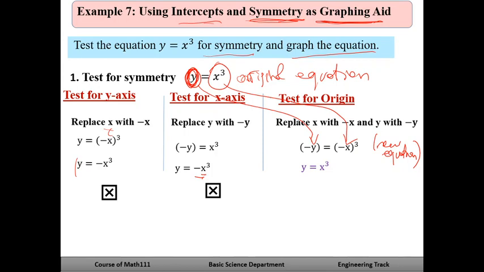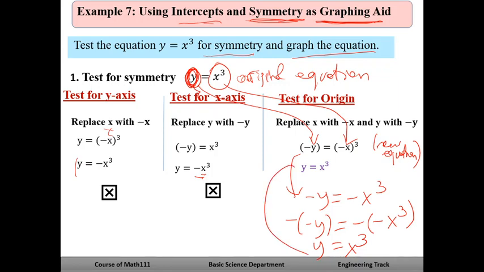How? You will try to do this, minus y equal to minus x cubed, and we want to get y here. So to get y, you multiply both sides by minus, and you end up with y equal to x cubed. So as you see, they are the same, and these parts are the same.